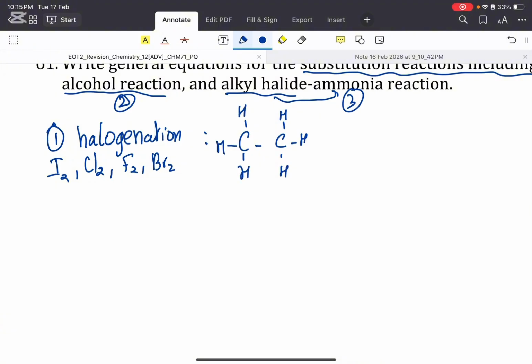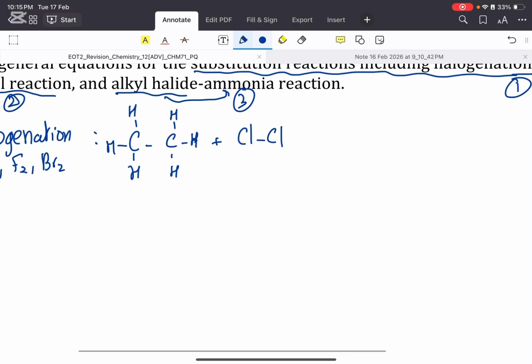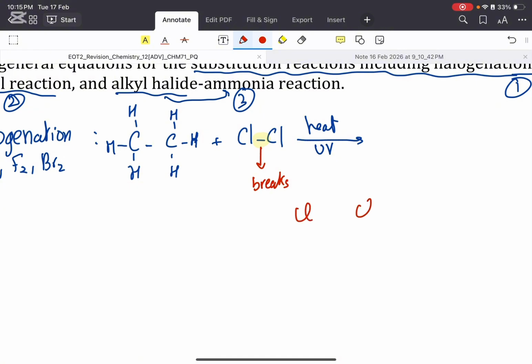Okay? So I'm going to add to it Cl2. Now Cl2 is 2 Cl atoms bonded together. Now under the effect of heat and UV light, this bond over here will be broken. So this bond breaks and I will have 2 Cl.